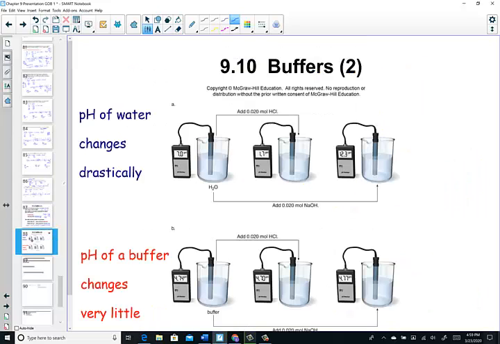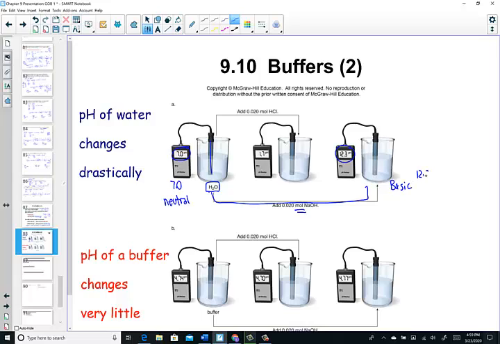Now let's take a look at this diagram to get a sense of what's going on. Do you notice that in pure water, we have a pH probe sitting in a jar of water here, and the pH is reading 7.0, which represents exactly a neutral solution. When I add a strong base, NaOH, to the solution, notice how basic it becomes very quickly.